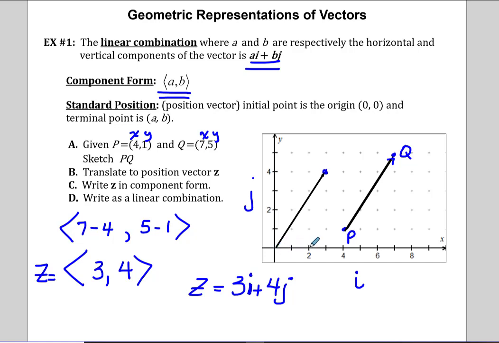So I went 3 unit vectors over on the x-axis and 4 unit vectors over on the y-axis. I'm in the wrong spot here, right? 4, 1. I'm sorry, I went 4 unit vectors over on x and 1 unit vector on y, and then 7 unit vectors on Q on x and 5 unit vectors on y in order to get to those points. We'll see more about that in a bit.